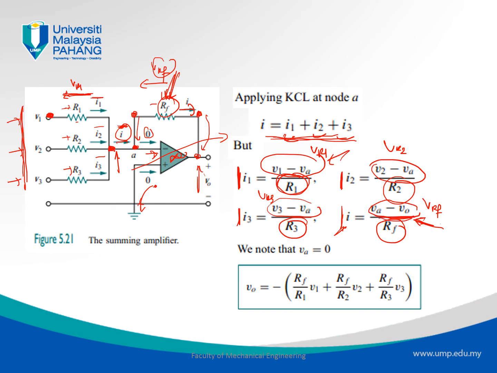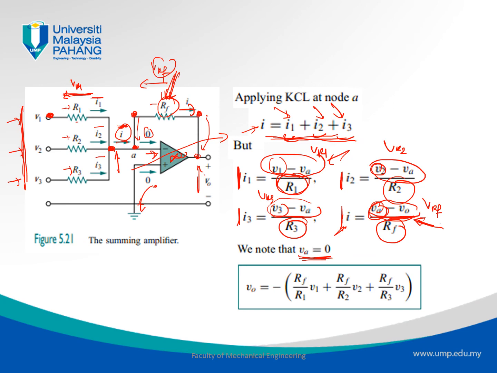So now we have the definition of each of I1, I2, and I3, because we know what V1 is, V2 is, V3 is, and VA is. What is VA? I think by now everyone knows that VA equals 0. Why does VA equal 0?